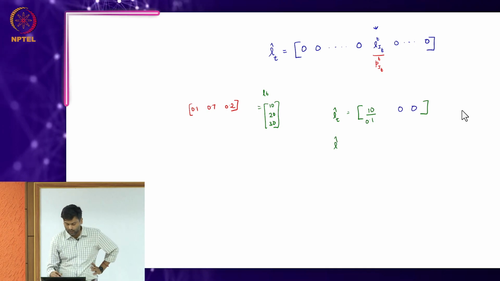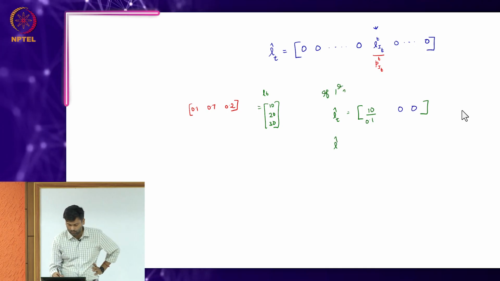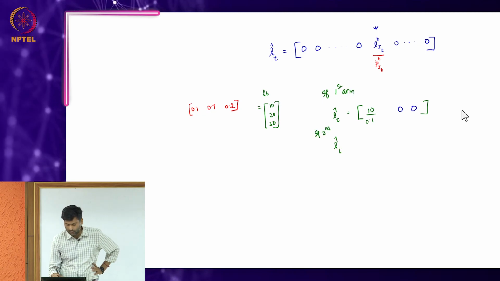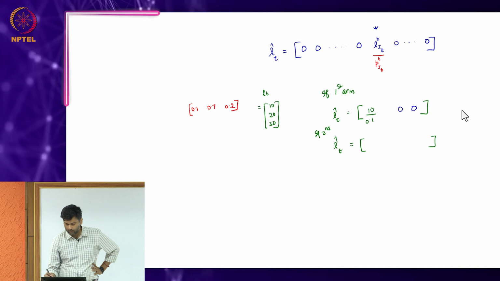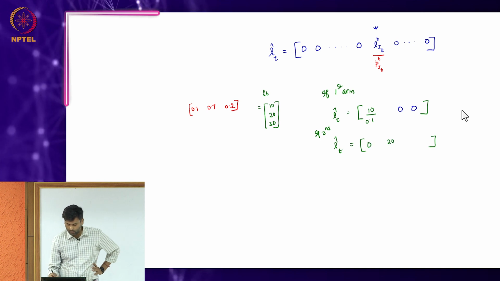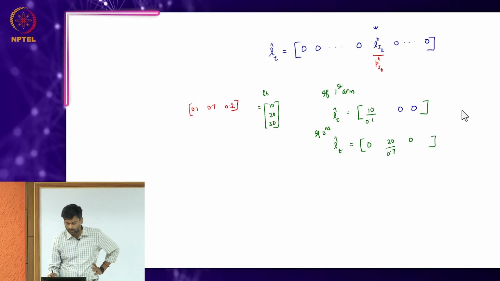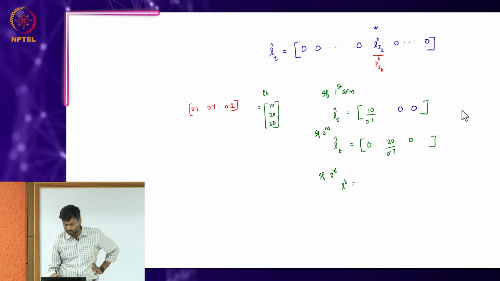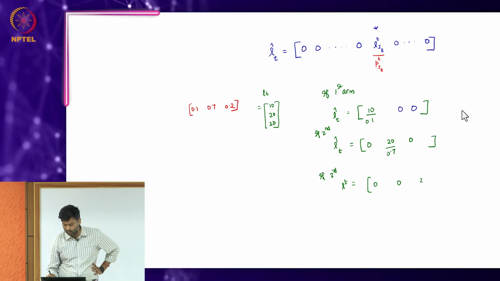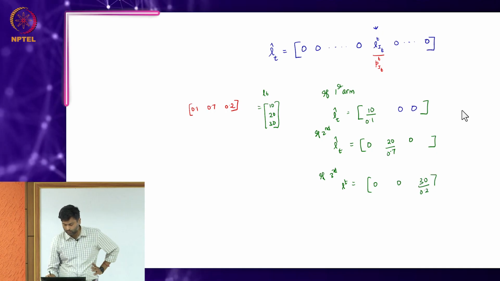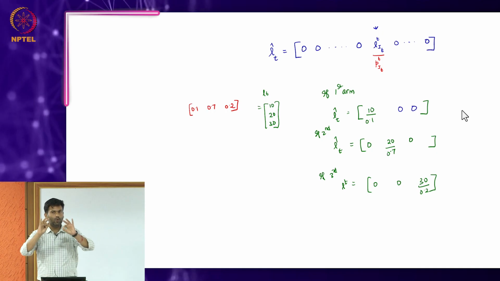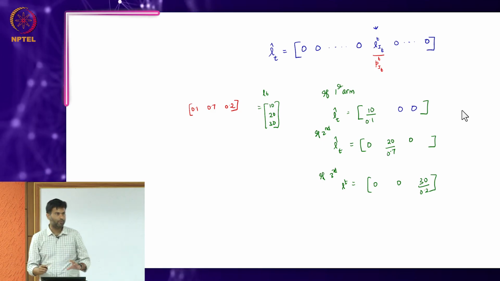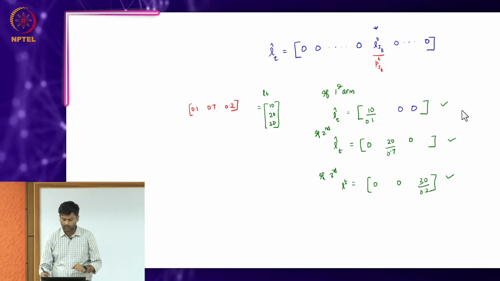If I pick the second arm, then L hat t would be 0, 20 divided by 0.7, 0. If the third, then L hat t would be 0, 0, 30 divided by 0.2. So I only have 3 possible outcomes for my fake loss vector, either this or this or this.